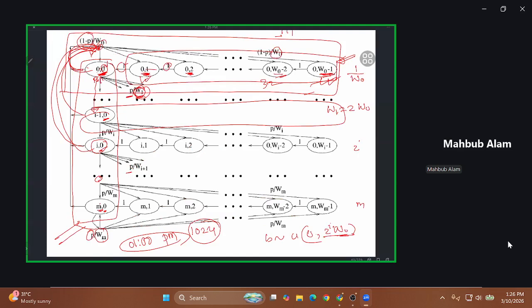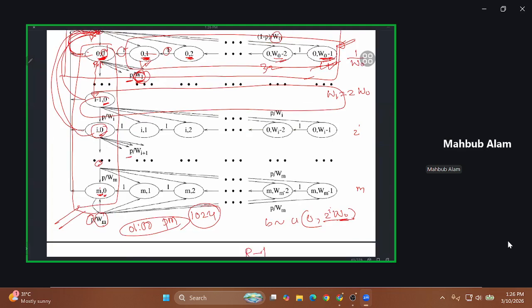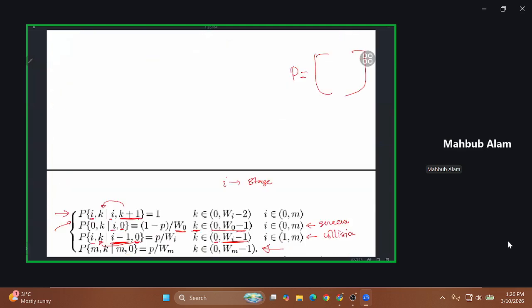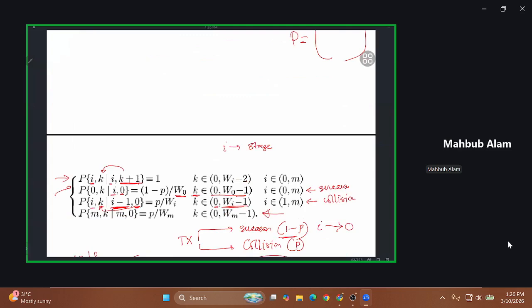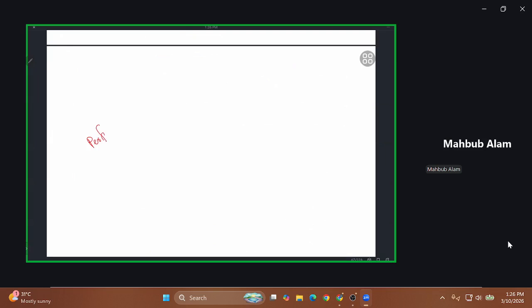Any questions? If you do not have any questions, then with this, we finish the performance analysis of MAC layer protocols. We covered Aloha, slotted Aloha, CSMA, CSMA-CD, and CSMA-CA with two versions, totally different.